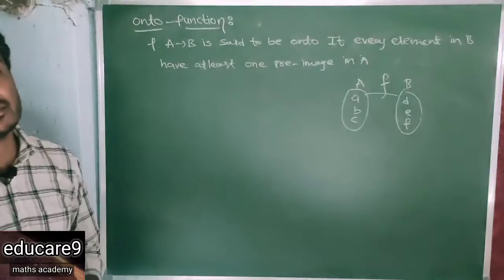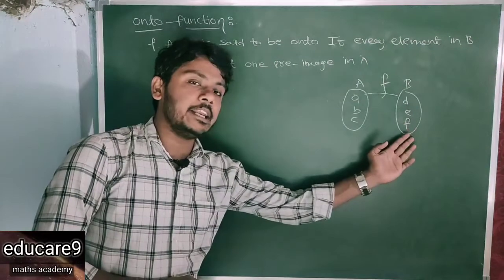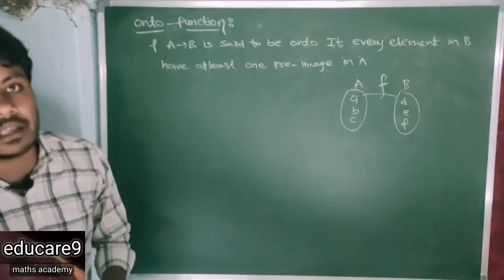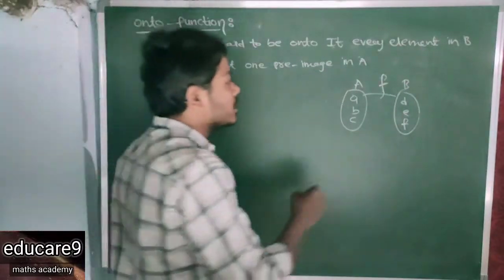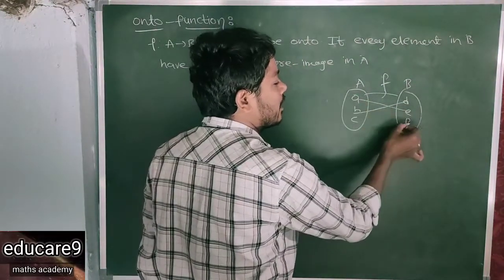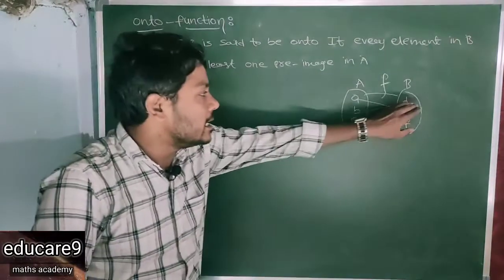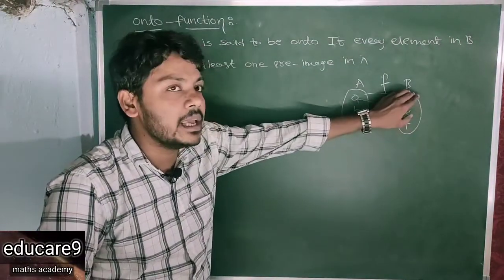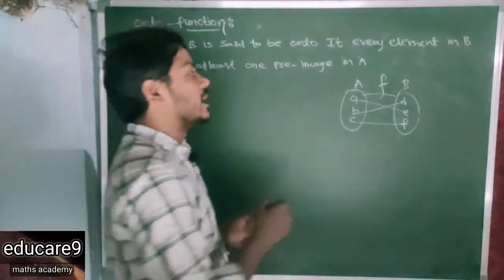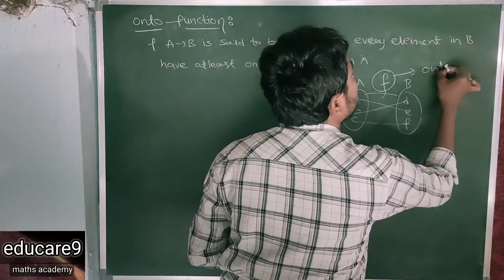So onto means each and every element in B has at least one preimage in A. So d has the preimage b, e has the preimage a and f has the preimage c. So clearly each and every element in B has at least one preimage in A. So in that case f is called an onto function.